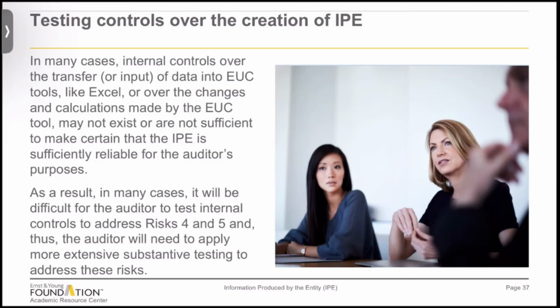As a result, in many cases, it will be difficult for the auditor to test internal controls to address risk 4 and 5, and thus the auditor will need to apply more extensive substantive testing to address these risks. Okay?